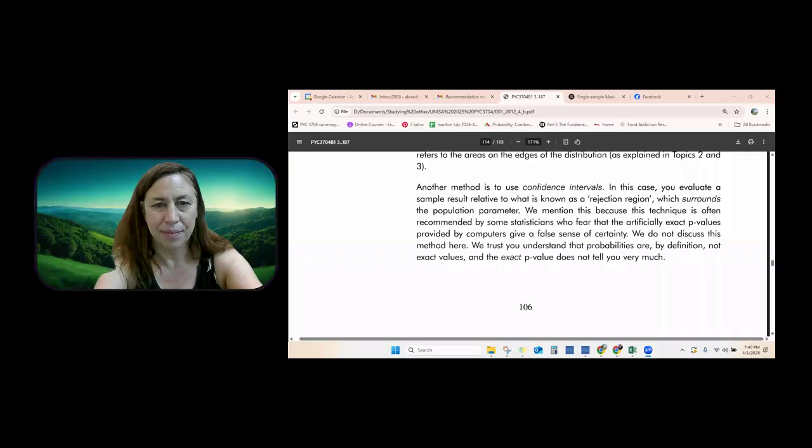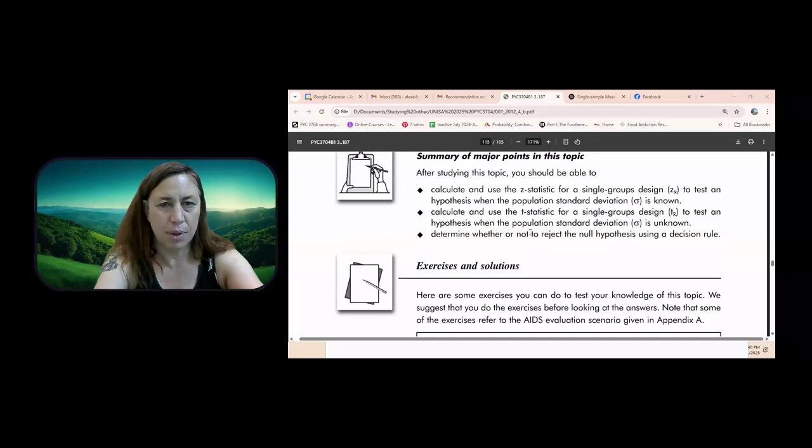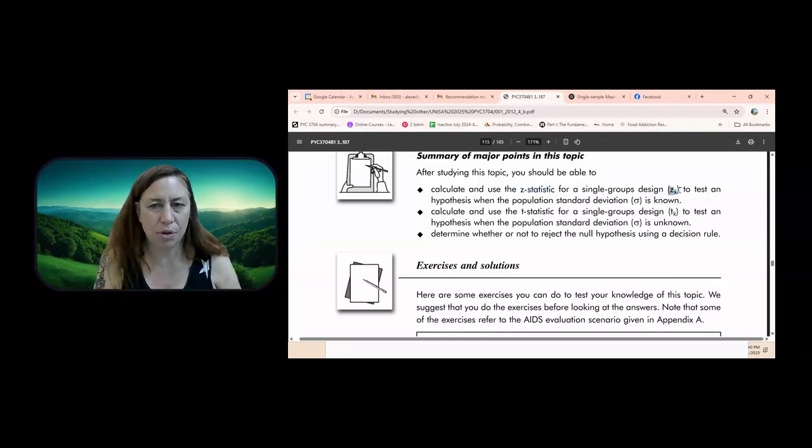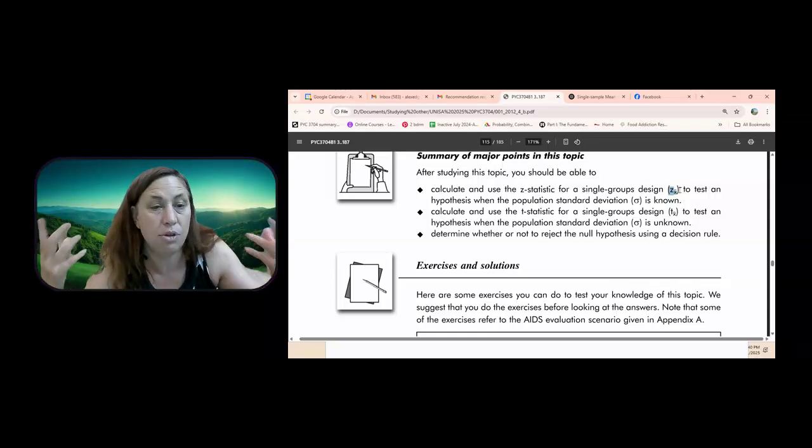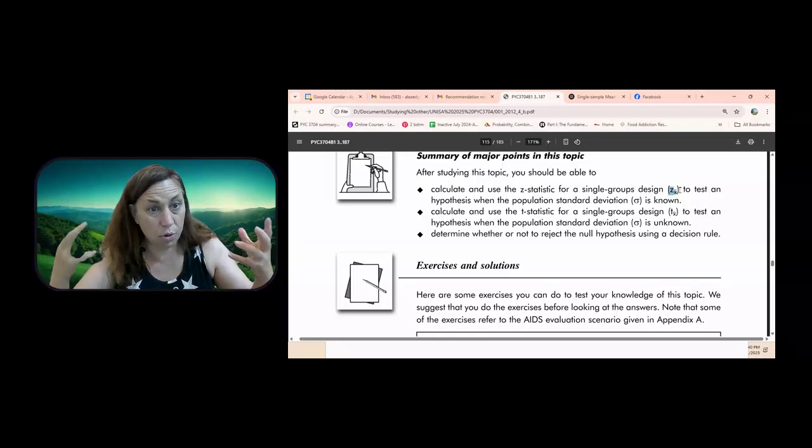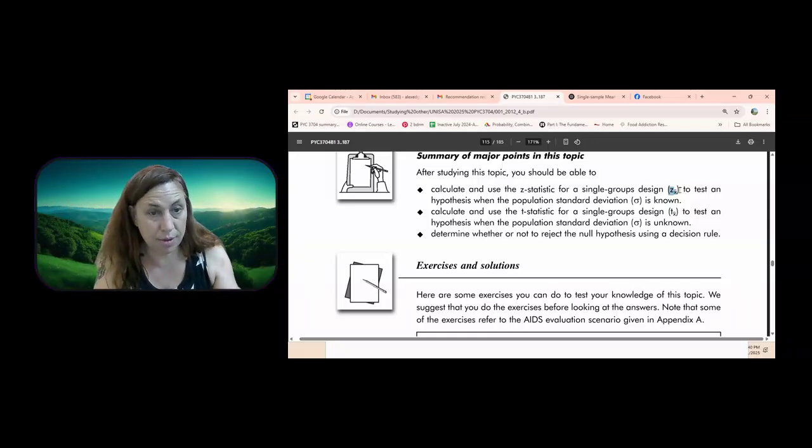Okay, let me just show that to you in the book. It's at the end of page 107. Let me share from now on. Okay, here we go. So we want to be able to use Z for Zx bar, from which we'll get our p-value and see whether it's greater than or less than our alpha value. In other words, whether the result of our sample test and results are statistically significant or not, whether we can reject the null hypothesis or not.